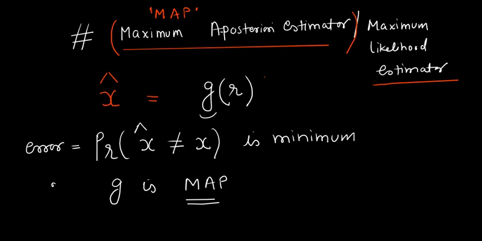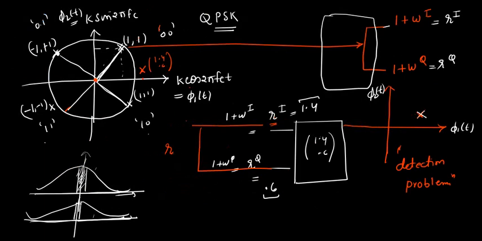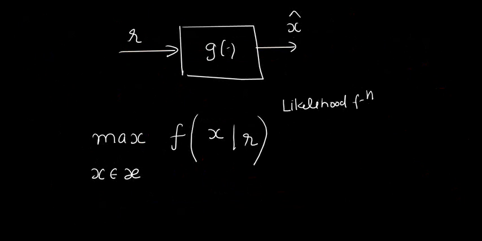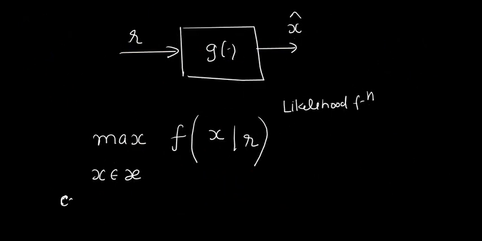For example, in our example, what are the possible X? 1 1, minus 1 1, minus 1 minus 1, 1 1. So in our special case, the toy example we are discussing, your X can be either of the four: minus 1 minus 1, 1 1, minus 1 1 and 1 minus 1.